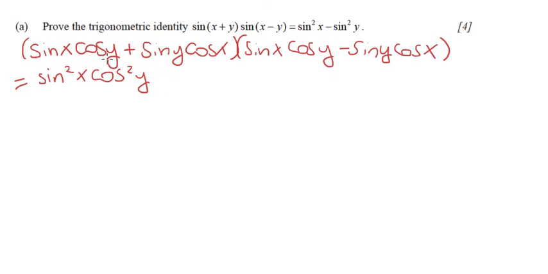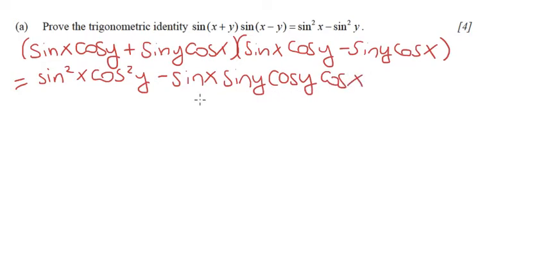So a positive times a negative is a negative, so we put a negative in front. I'm going to work with the signs first, so you get sine x, sine y, and then you can move on to the cosines, cos y, cos x.